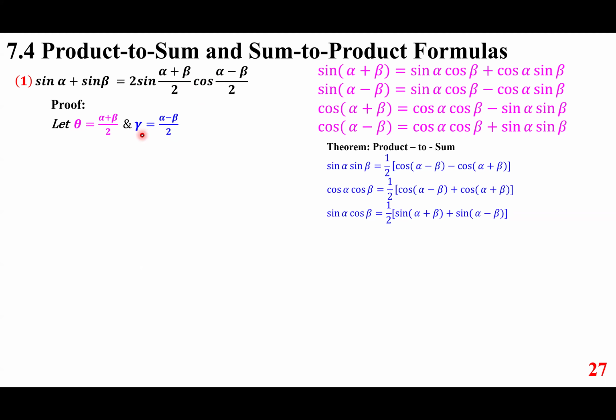And so having said that, the right-hand side is 2 sine of alpha plus beta over 2, cosine of alpha minus beta over 2, and we're going to change it to theta and gamma. So that's 2 sine theta cosine gamma.